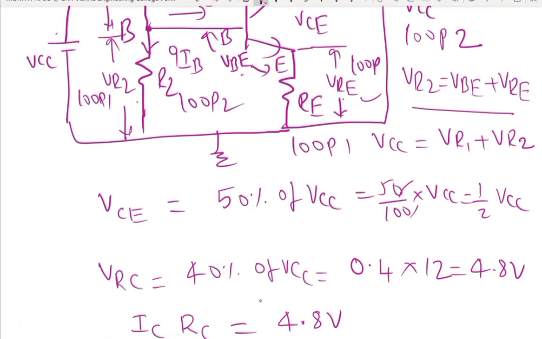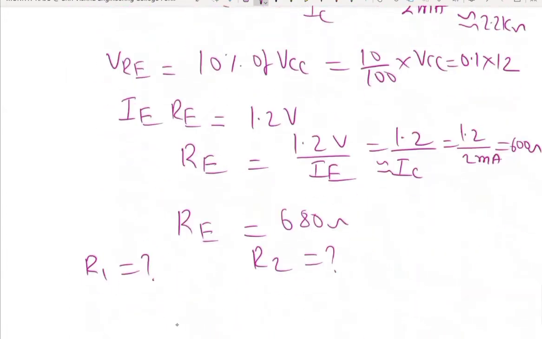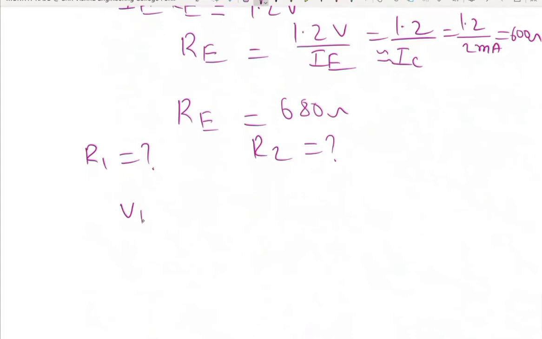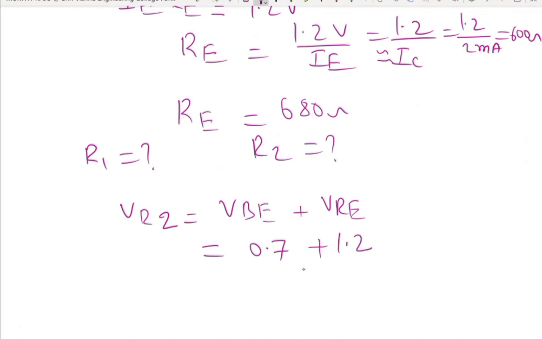From the second loop equation, VR2 is equal to VBE plus VRE. VBE is 0.7, VRE is 1.2. Therefore, VR2 is equal to 1.9 volts.